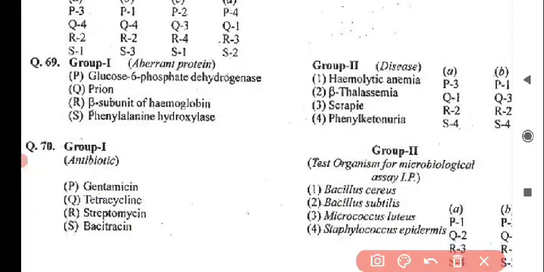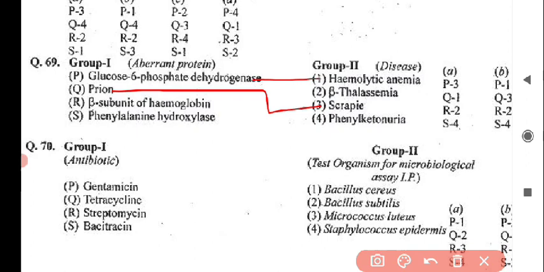Now for the next question, group 1 contains the protein and group 2 contains the disease. For the first option, glucose 6 phosphate dehydrogenase, the correct answer is option number 1, that is hemolytic anemia. For prion, the correct answer is option number 3, that is scrapie.